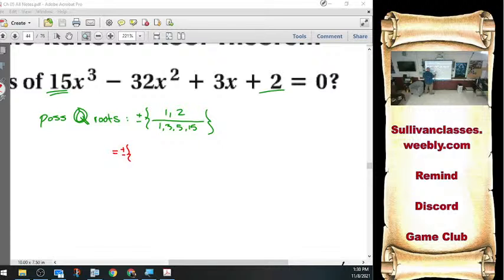There we go. So 1 and 2. All this stuff over 3. All this stuff over 5. All this stuff over 15. Okay. So I have up here 2, 4, 6, 8, 16 different things to guess and check.